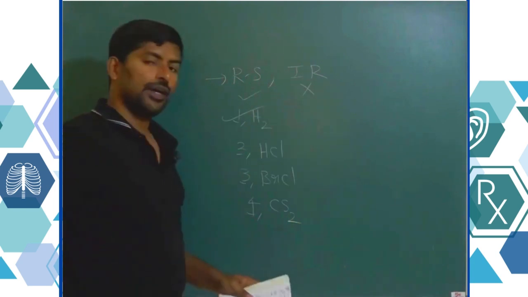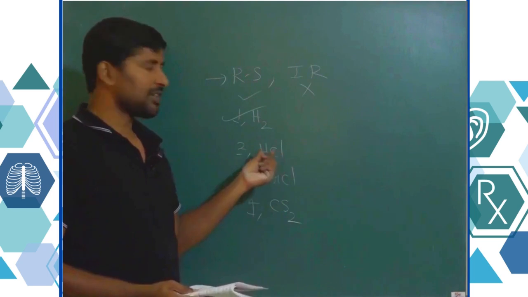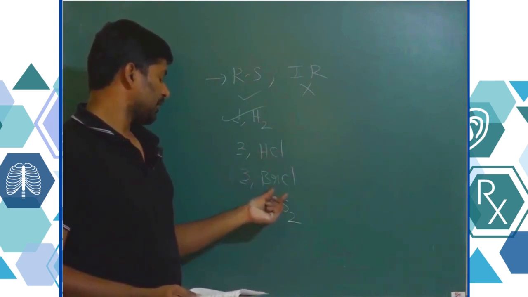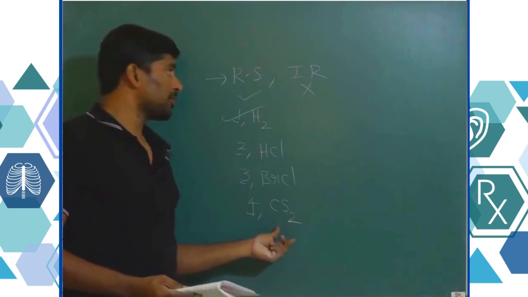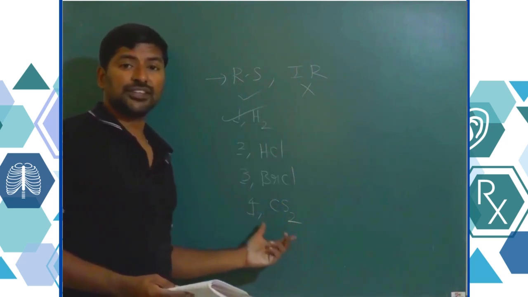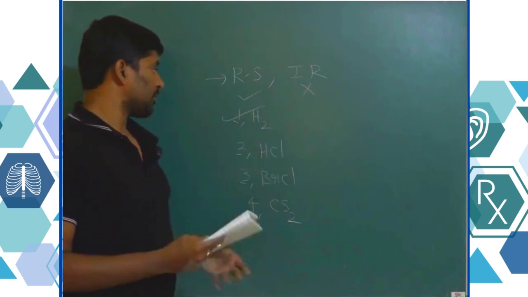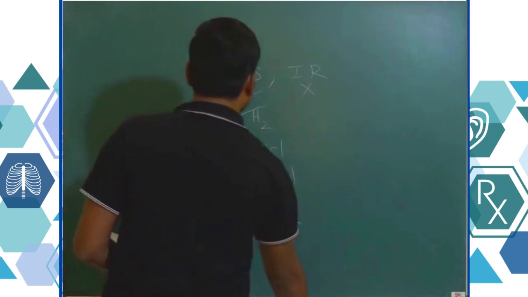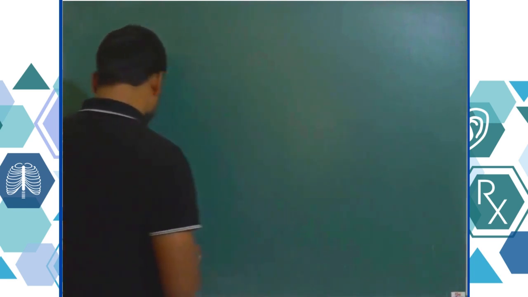So homonuclear diatomic molecule, H2. HCl, the dipole moment changes during vibration. CS2 is similar to CO2. Symmetric stretching vibration may be IR inactive, but asymmetric stretching or bending vibrations are IR active. So homonuclear diatomic molecules are Raman active, whereas IR and microwave inactive.